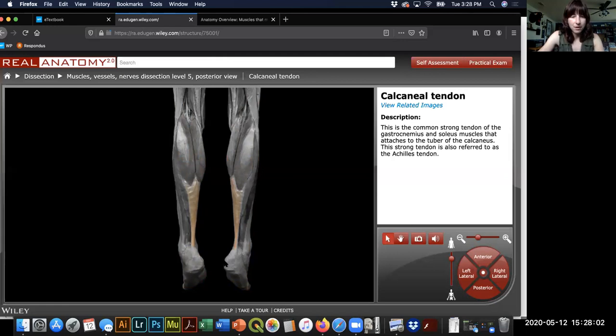And when your gastrocnemius contracts, you're going to pull that calcaneal tendon, which pulls your calcaneus bone up towards the back of your knee, right? And that's what happens when you're pointing your toe.